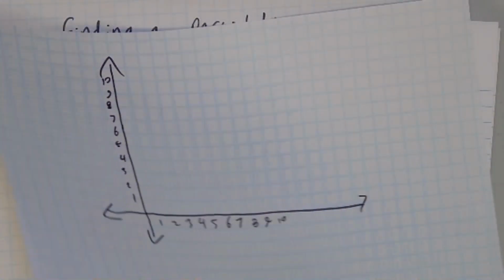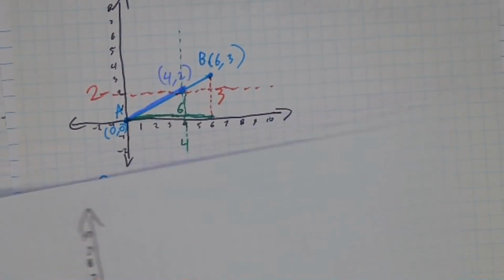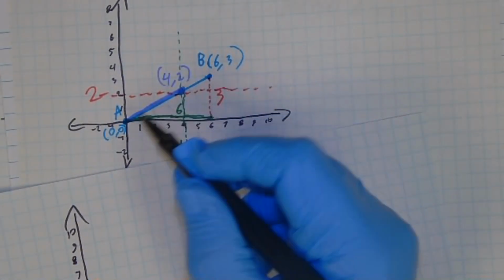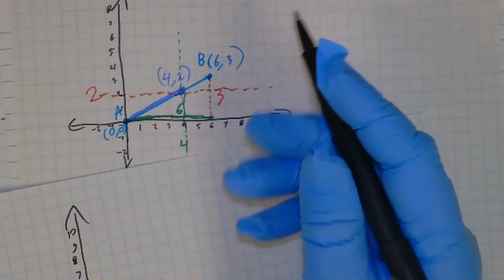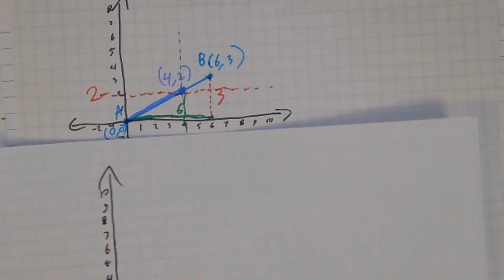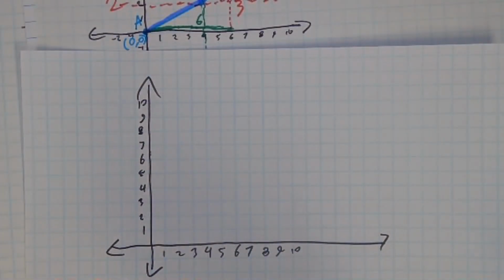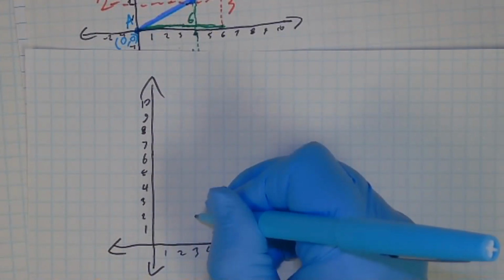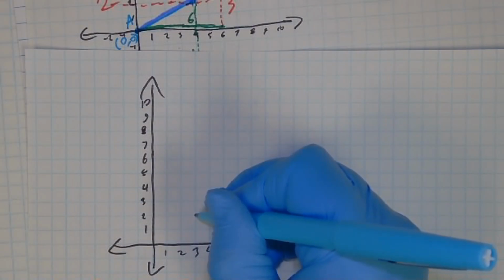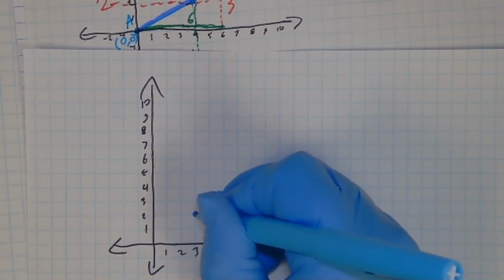And this time, I'm basically going to translate this existing segment that went from 0, 0 to 6, 3. I'm going to just add 2 to everything. So now it's going to start at 2, 2. Actually, no, I'm going to start it at 2, 3. I want all of my numbers to be different from each other. So I'm going to start it at 2, 3.